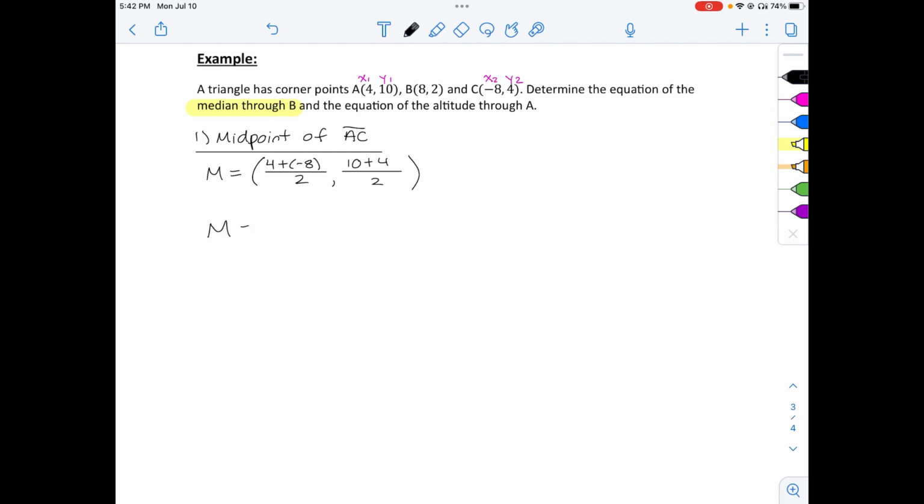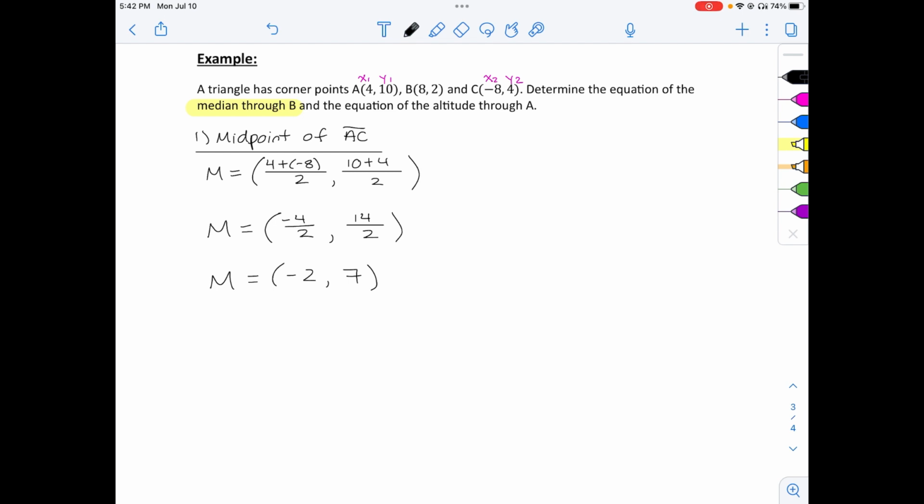I'm just calculating here. 4 plus -8 is the same as 4 subtract 8, so that's -4 over 2. And then 10 plus 4 is 14, and we're dividing by 2. So the midpoint here is going to be -2, 7.